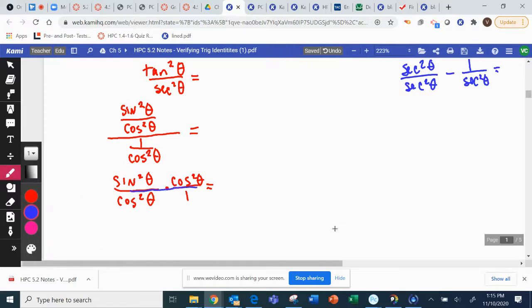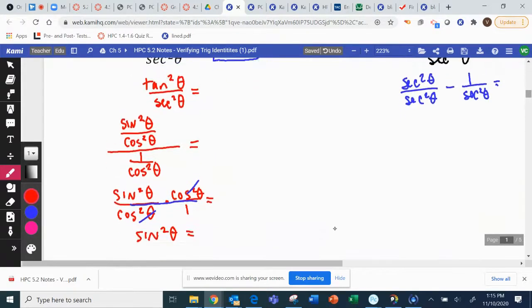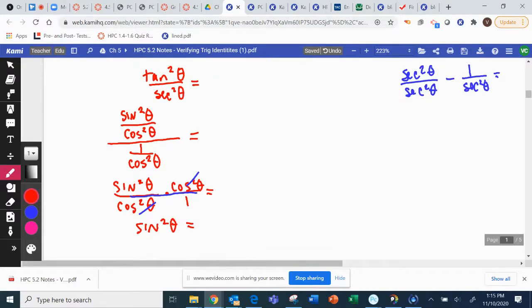So if I'm multiplying those, then I can cancel my cosines. Is that what I was trying to get? Oh, that is what I was trying to get. So then I can stop because I got there. So we're manipulating the left side to make it look like the right side.